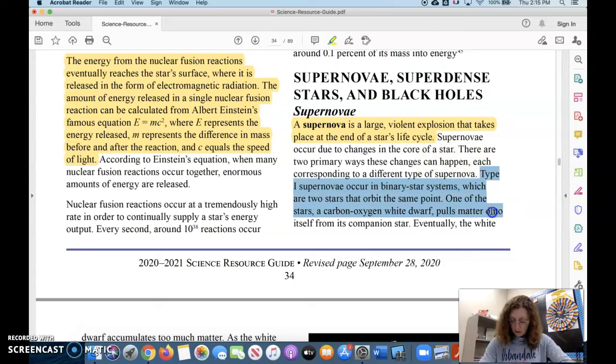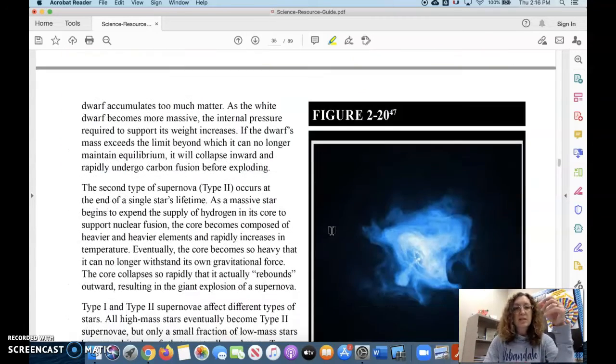A type 1, okay, this is interesting. A type 1 supernova only happens in what are binary star systems. That's 2 stars orbiting the same point, okay? One of those stars, which is a white dwarf, pulls matter onto itself from its companion, right? Gravitational pull. Eventually, the white dwarf gets too much matter.